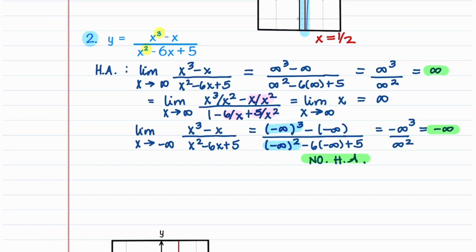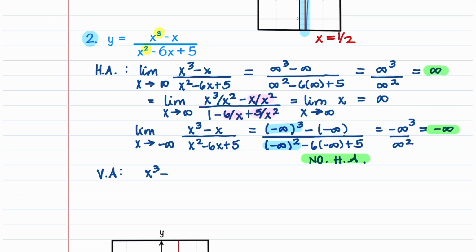Let's now look at our vertical asymptotes. To find the vertical asymptote, we have to set the denominator equal to 0, but there's a catch. We can only do that after we factor out terms that are common to both the numerator and the denominator. So we're going to have to start by factoring the numerator and the denominator.